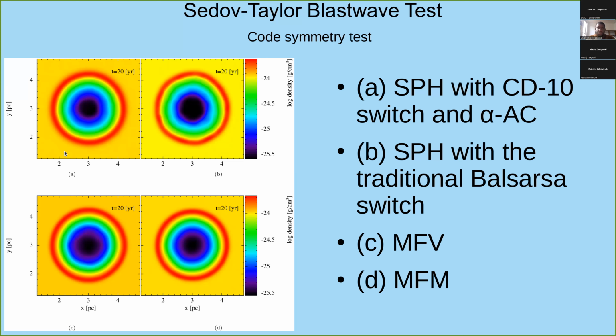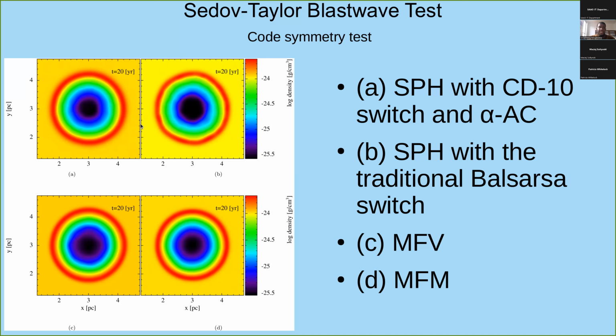Here on the left, you will see these density cross sections. The color bar on the right represents the log density, and these are just XY positions in parsec.